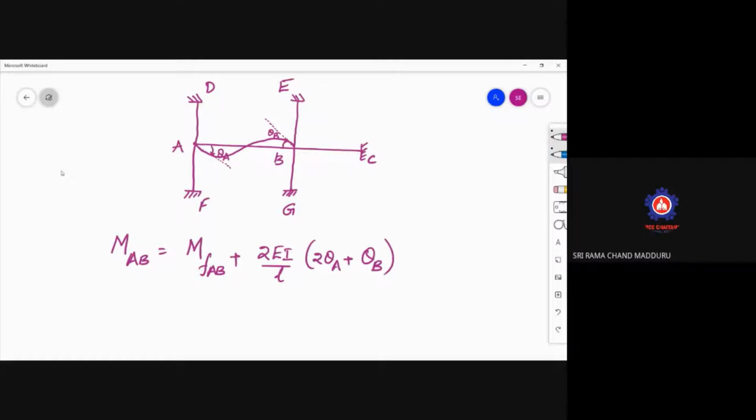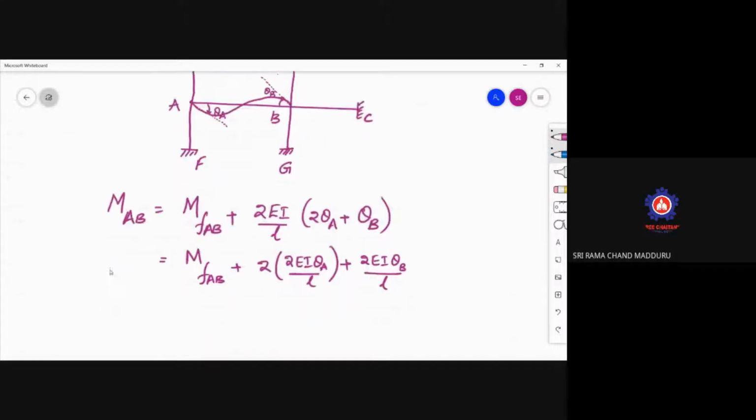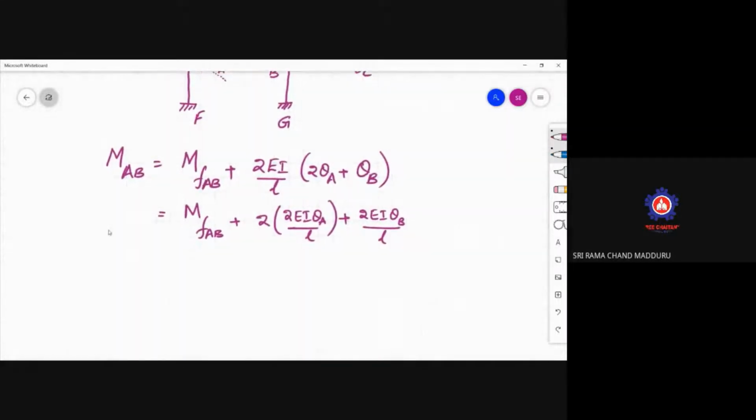Now this can be simplified in another way: MFAB plus 2 times 2EI into theta A by L plus 2EI into theta B by L. I have just multiplied 2EI by L inside and written the equation in this fashion.